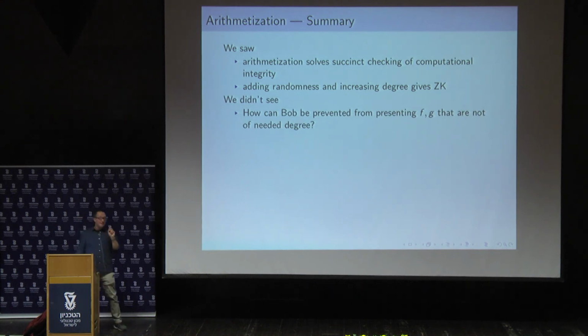Okay, now what we didn't see, and this is the real source of pain and of extra computational complexity requirements, is how do we prevent Bob from being completely dishonest and writing down an arbitrary function that is not the evaluation of a degree million polynomial?